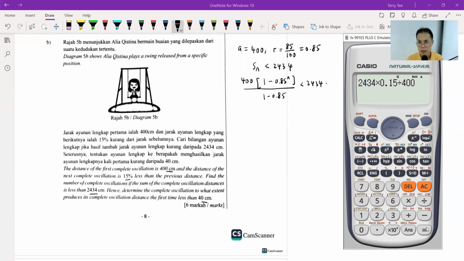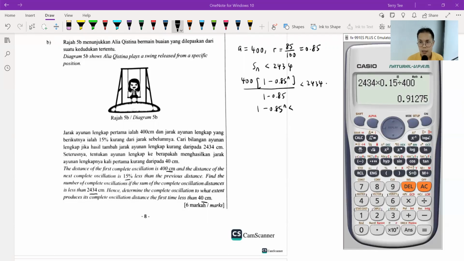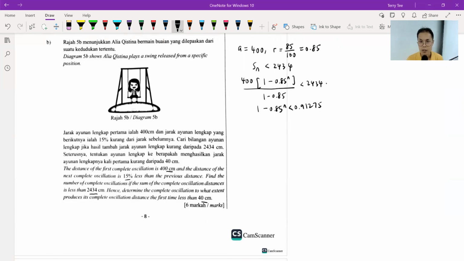This number you can change to decimal, or you can leave it in fraction, up to you. So let me write 1 minus 0.85 to the power n less than 91275. Let us bring this to the right, and bring this to the left.